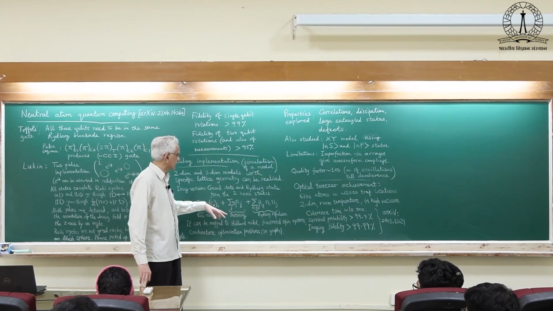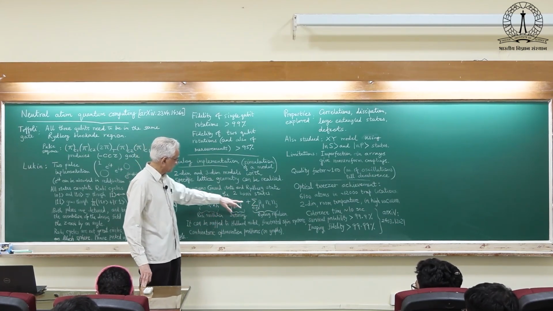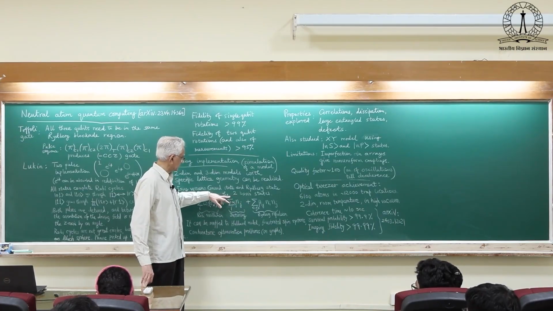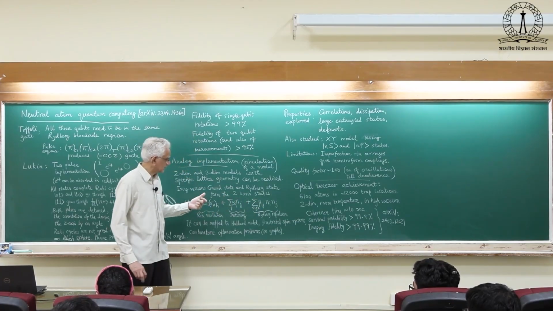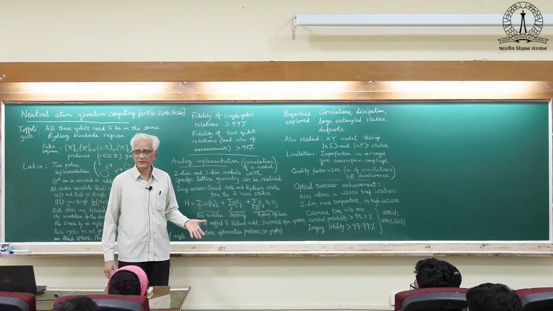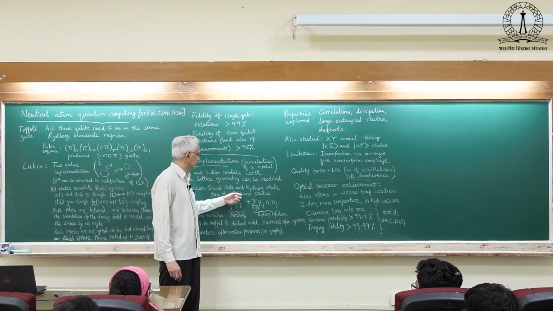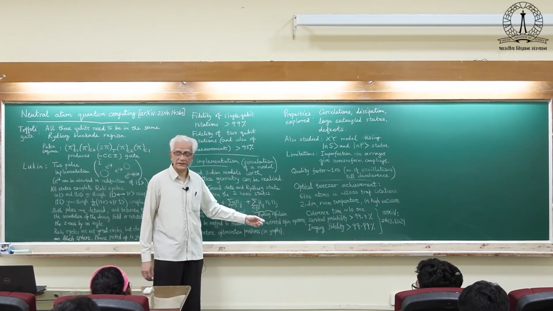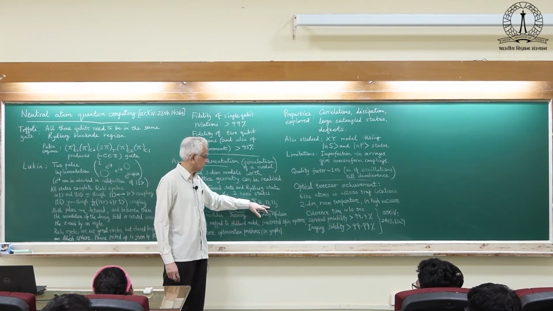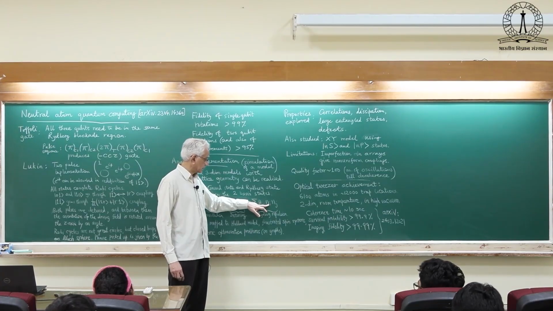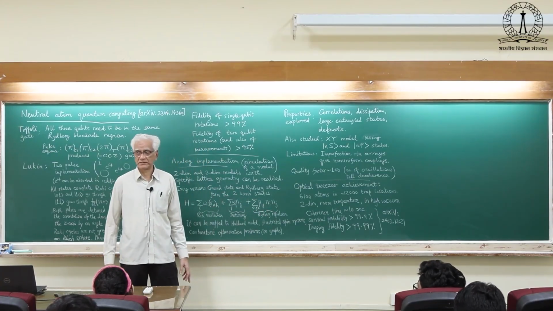In this particular case, if you want to map the Rydberg atom to this Ising version, then Ising variables are labeled by 0 and 1. So 1 is the Rydberg state, 0 is the ground state, and this term is non-zero only if both the atoms are in the Rydberg state.